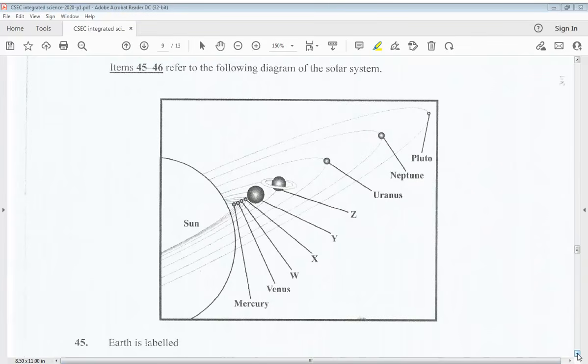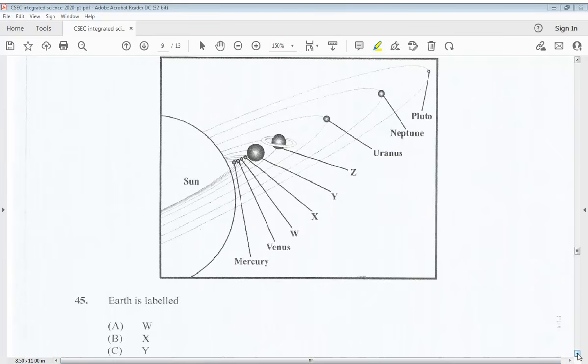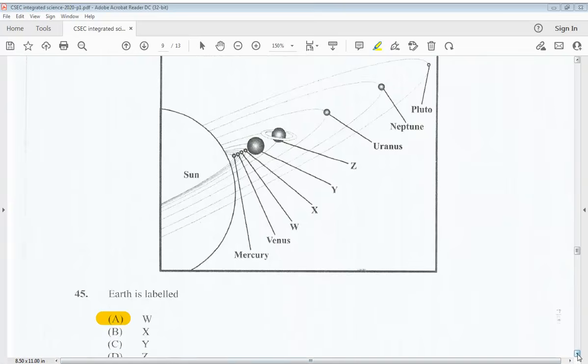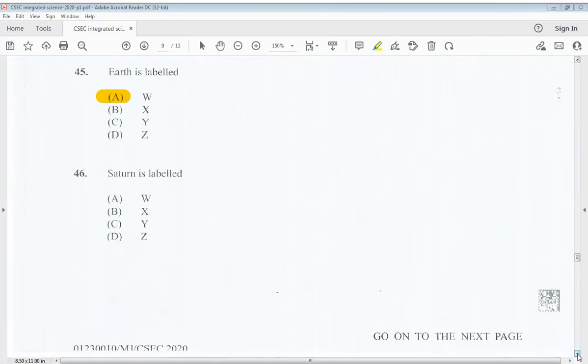Take a look at 45 to 46. Here we have the diagram of the solar system. So it says Earth is labeled. So we know Earth is labeled according to our diagram A, W. Let's go to 46. Saturn is labeled.